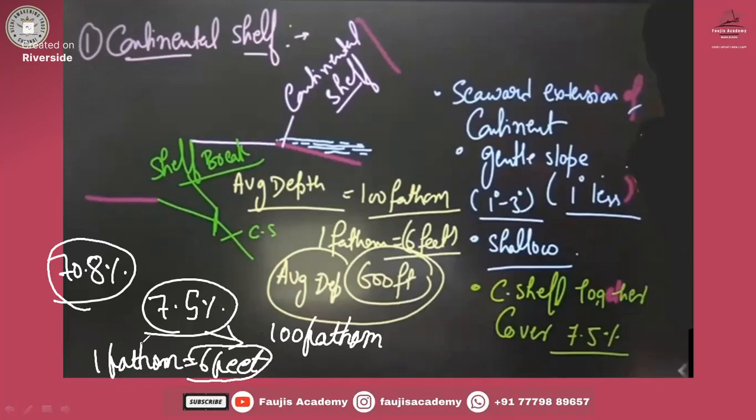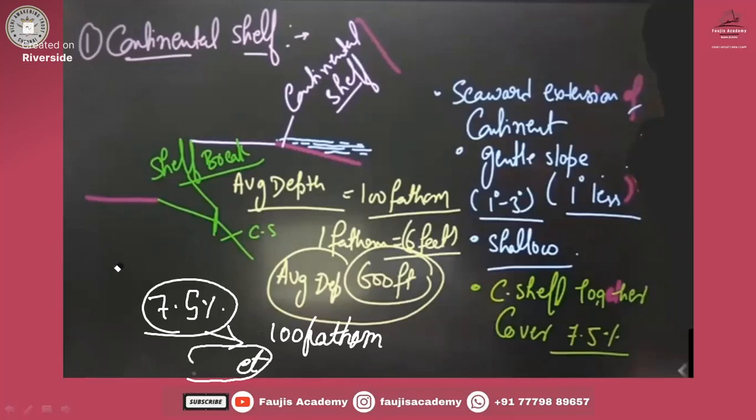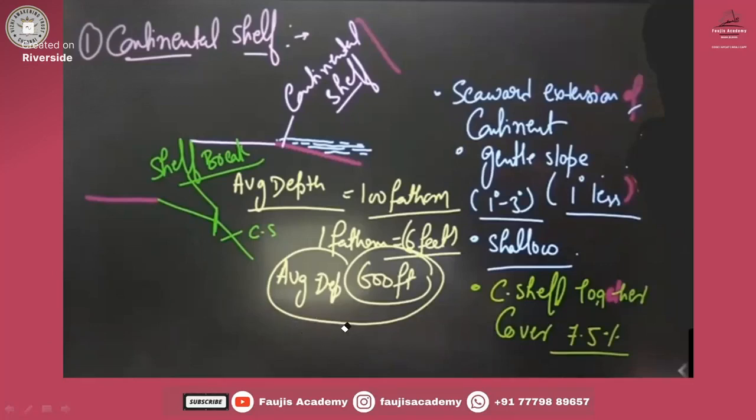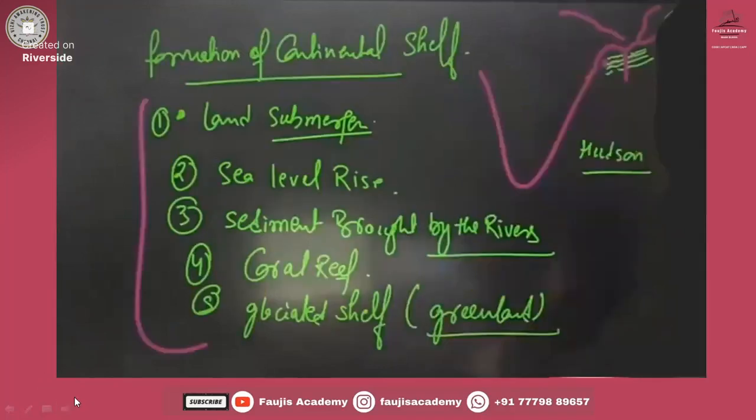If we go near the sea area or water body and see land up to 600 feet depth, that is part of the continental shelf. After that, the continental slope and rise will come. So these are the continental shelves.